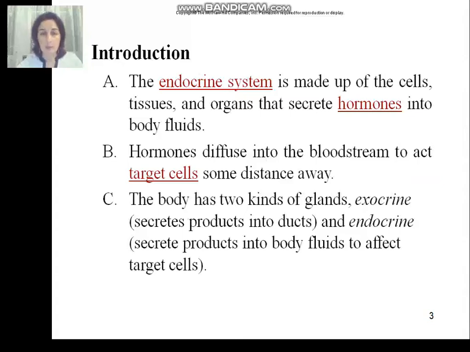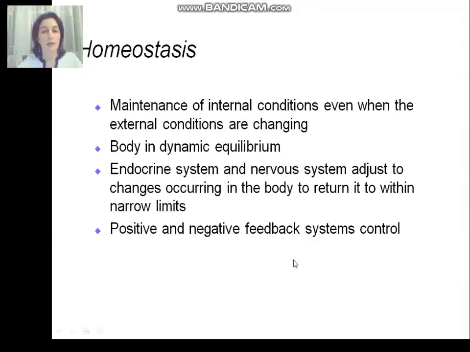Actually, in the body, we know two kinds of glands. These are exocrine glands, which have ducts, and they release their secretions onto the body surfaces or into the body cavities via their ducts. And we have endocrine glands, which do not have any ducts.